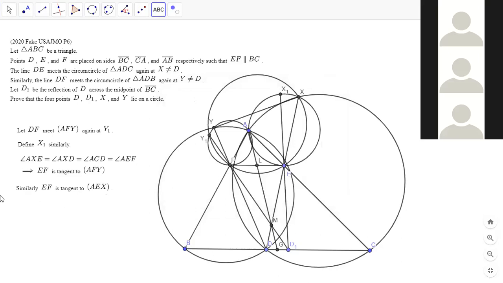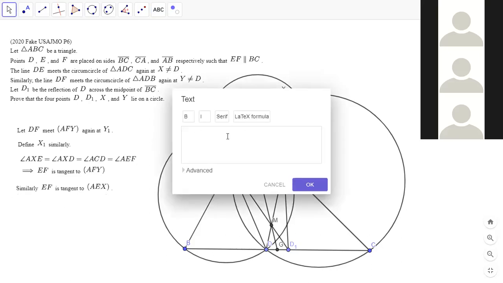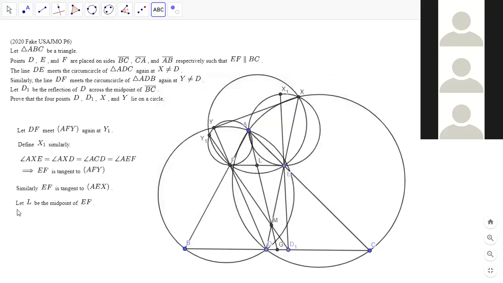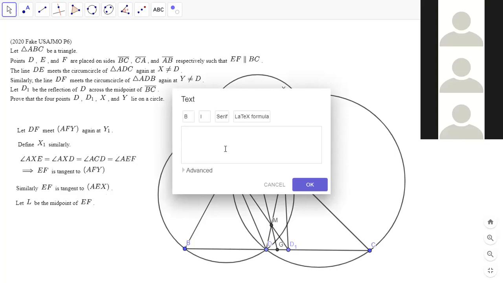Let L be the midpoint of EF. Then EL squared equals LF squared means that L lies on the radical axis of the two circles.